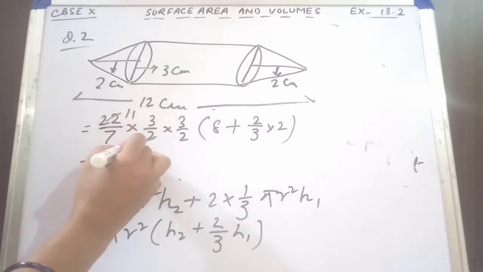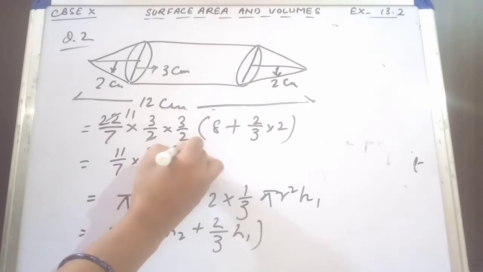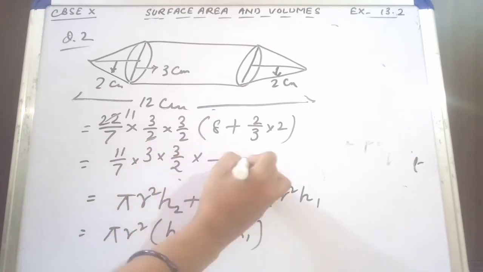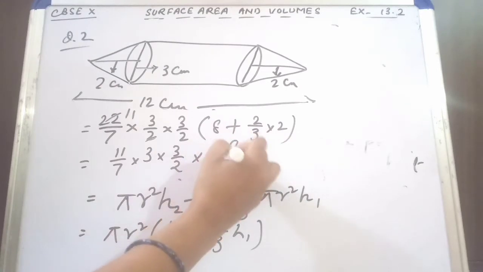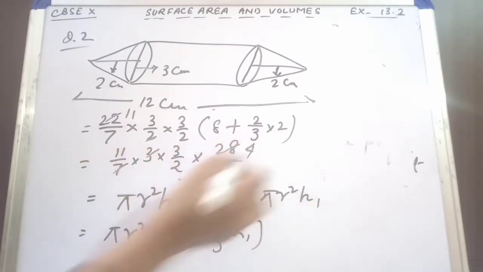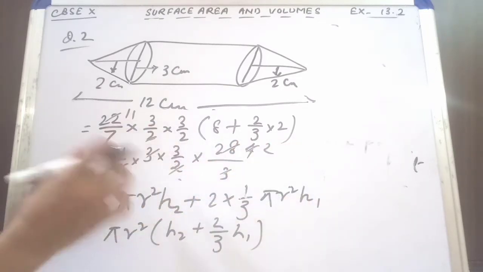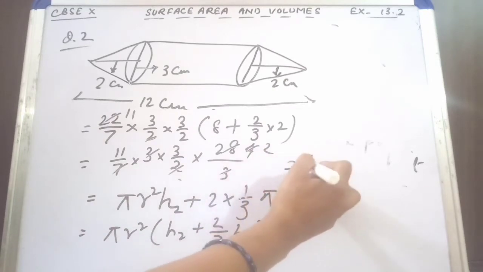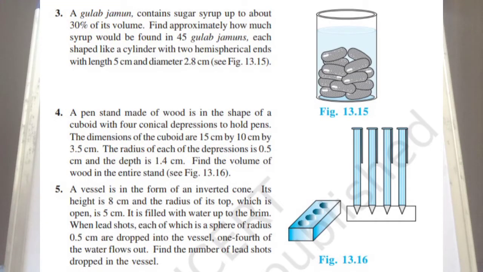So that means 11 by 7 into 3 into 3 upon 2 into 3, 3 8s are 24, 24 plus 4, 28. 3 3 cancel out, 7 4s are 28, 2 2s are 4. That means 33 into 2, 66 centimeter square. That's the required answer.